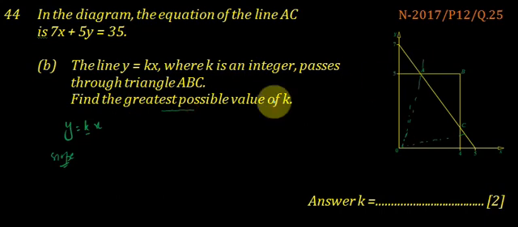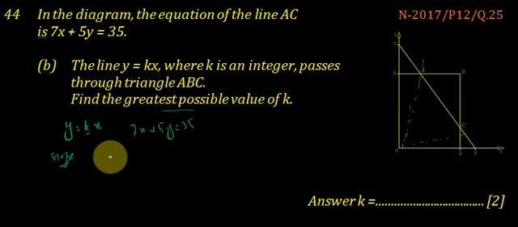So the slope is basically k, so we must pass this line through A, so that we can find the maximum value of k. So first we find the coordinate of A. The line AC is 7x plus 5y is equal to 35, and A is on the line AC, and the value of y is 5, so that we can find the value of x.